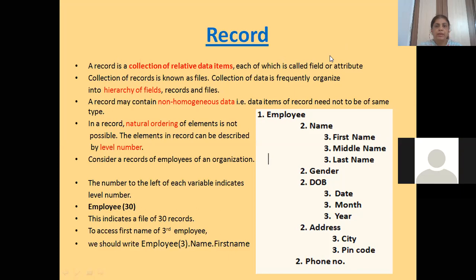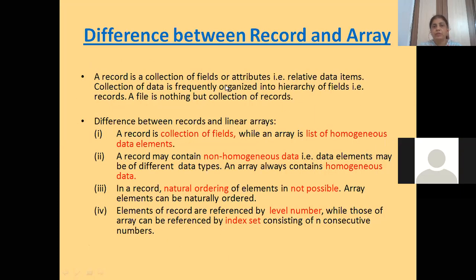Next is, सेम इसी पे ही इजी है कॉन्सेप्ट. तो हमने ये पढ़ लिया. तो व्हाट इज डिफरेंस बिटवीन रिकॉर्ड एंड लीनियर एरे. In case of record it is a collection of fields and the array is a list of homogeneous data elements. A record can contain non-homogeneous data and an array should contain homogeneous data.